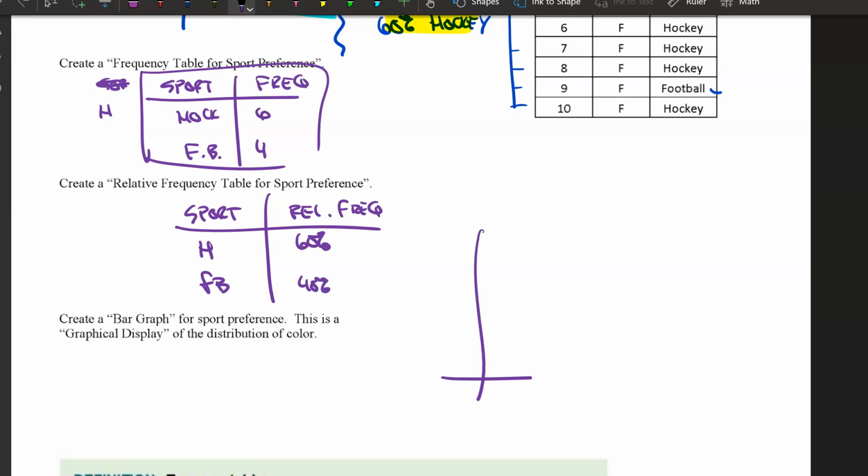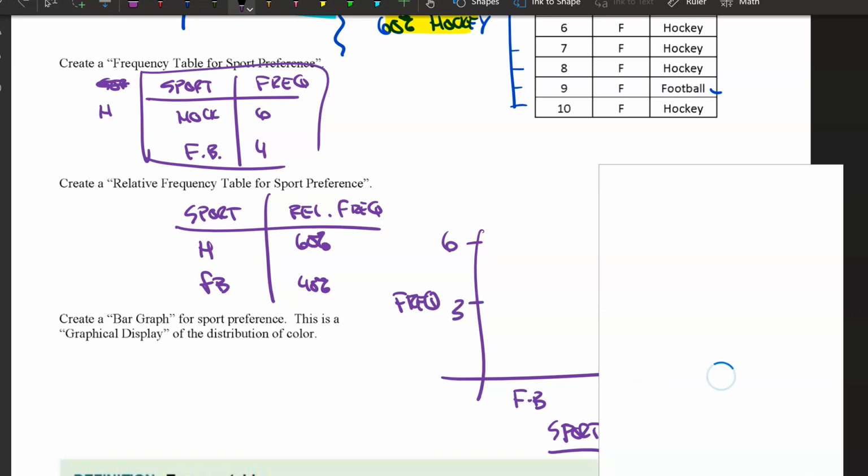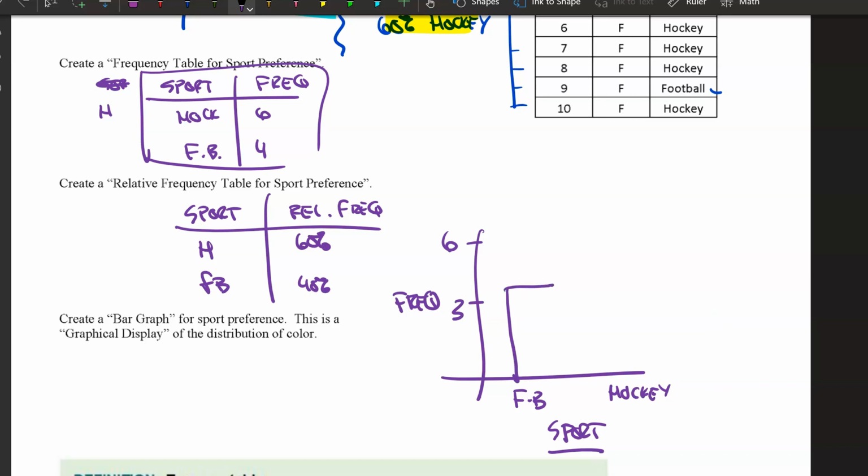Create a bar graph. All right, this is getting a little ridiculous. Football, hockey. So those are scales, and then label would be sport. Label and scale. Here I'm going to put frequency. 6, 3. So 4 people like football, and 6 people like hockey.